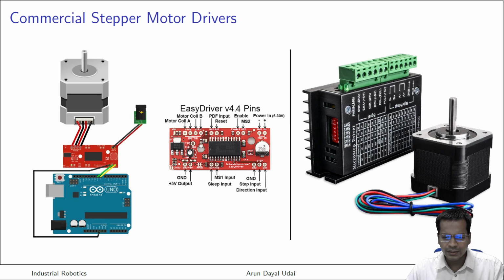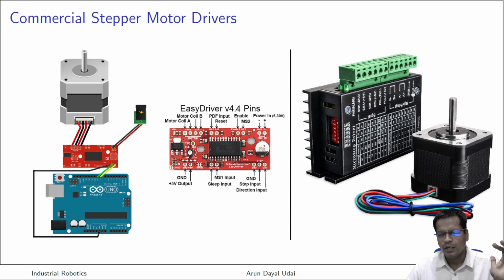Motor coil connections are here, and on the right side, this bigger one, this type of driver is used in industry. This also supports micro stepping, and there are advanced means of communication. It can run on Modbus, Profibus, Ethercat.